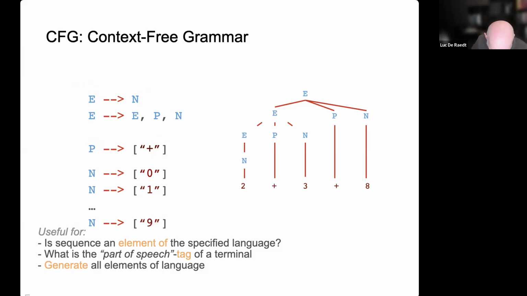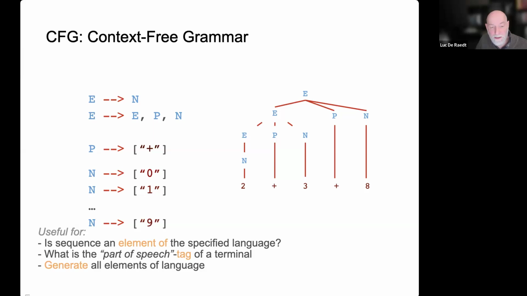And then you have the terminals like plus, 0, 1, and so on to 9. And given such a grammar and a string, you can find a parse tree that explains, in a sense proves, that this is part of the language accepted by the grammar.